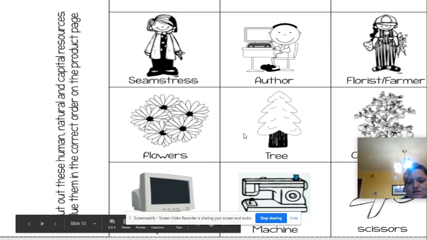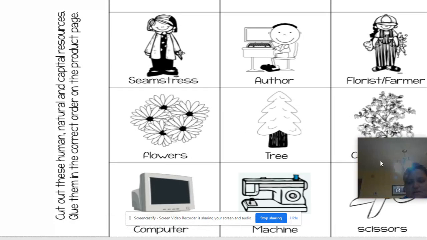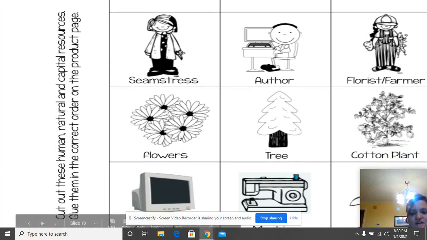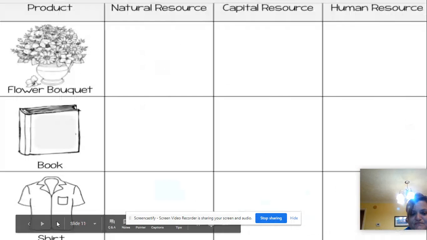Out of these three natural resources, which one of these three is going to make the flower bouquet? Is it going to be flowers, the tree, or the cotton plant? Very good. It's going to be the flowers. Put a lot of flowers into a flower bouquet. Okay, so that's the natural resource for a flower bouquet.